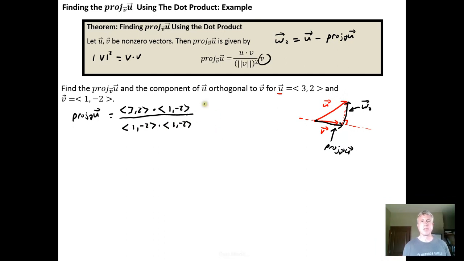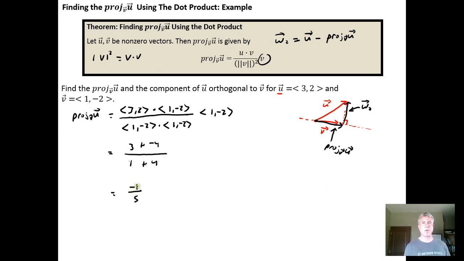And the vector v is just the vector 1, negative 2. So we have a scalar times a vector, which is a vector. And then we just go ahead and run through the calculation. 3 times 1 is 3, plus 2 times negative 2 is negative 4, over 1 times 1 is 1, plus negative 2 times negative 2 is 4, equals 3 minus 4 is negative 1, and 1 plus 4 is 5.